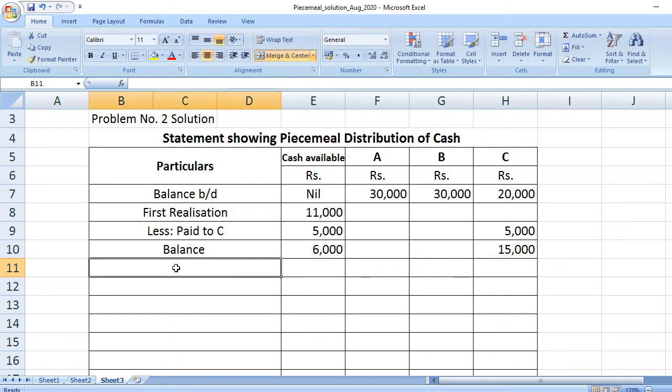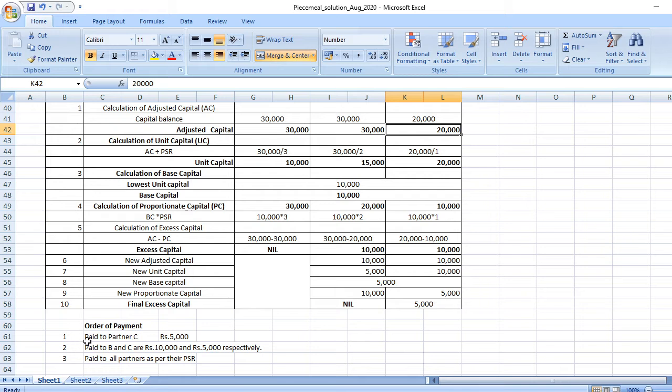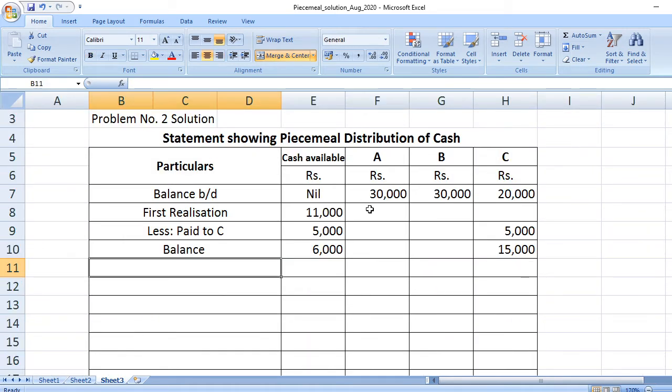Then see the order. After paying C 5,000, the next payment to B and C is rupees 10,000 and 5,000 respectively. So next payment 10,000 and 5,000, B and C.